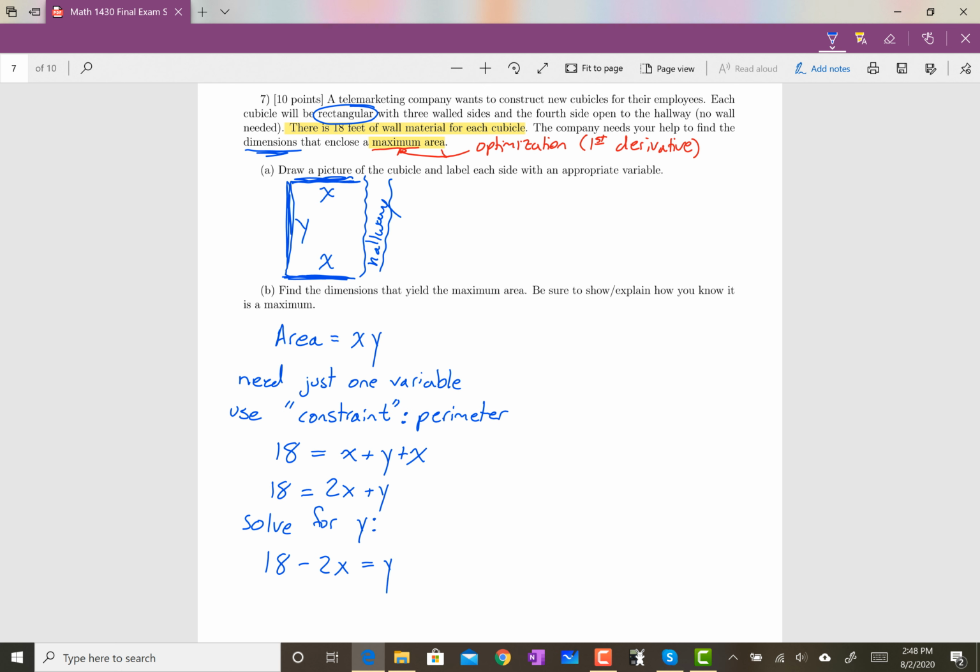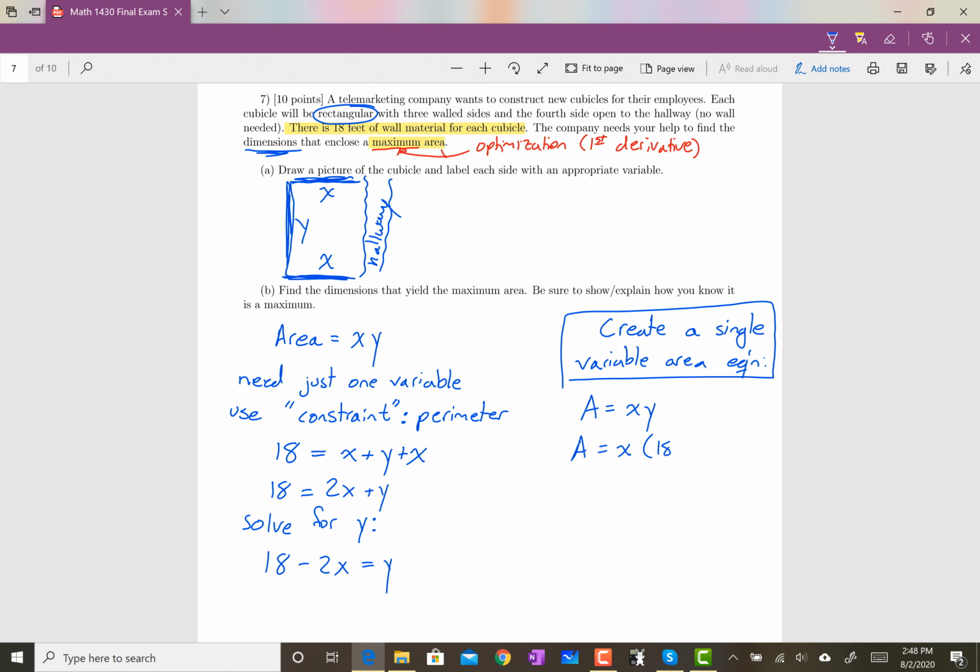So I'm going to create a single variable area equation. If the area is x times y, and I know that y is 18 minus 2x, then using distribution, my area is 18x minus 2x squared.